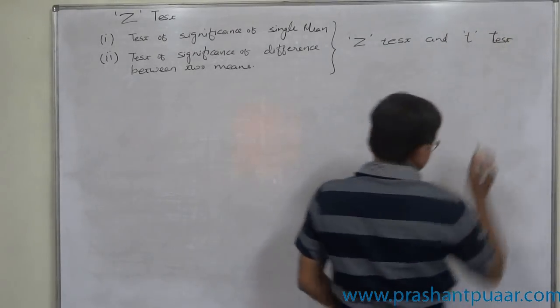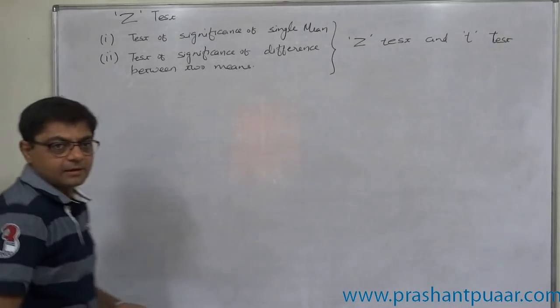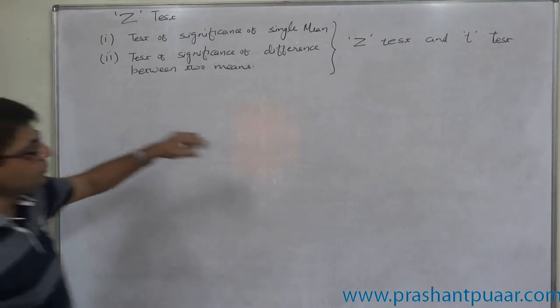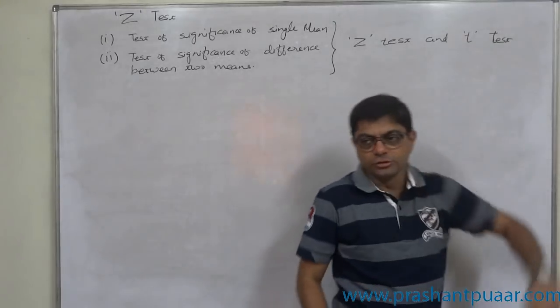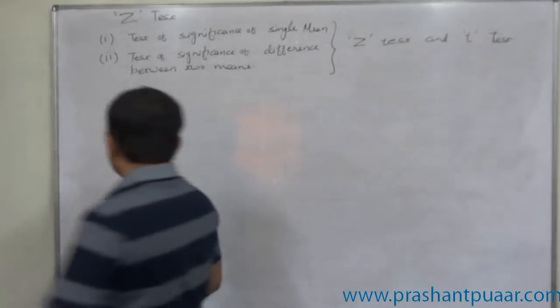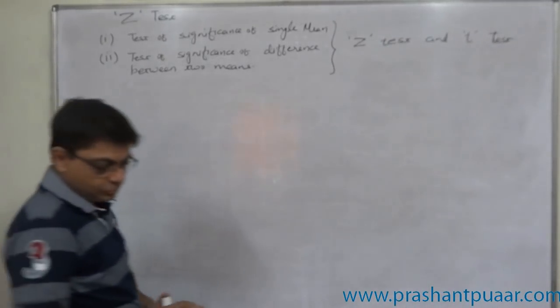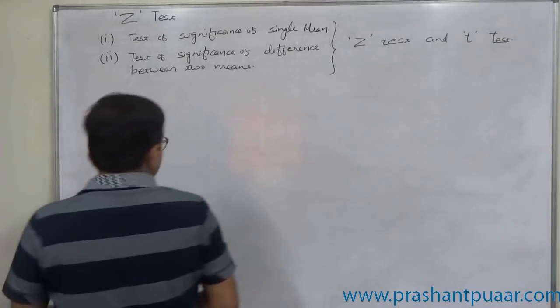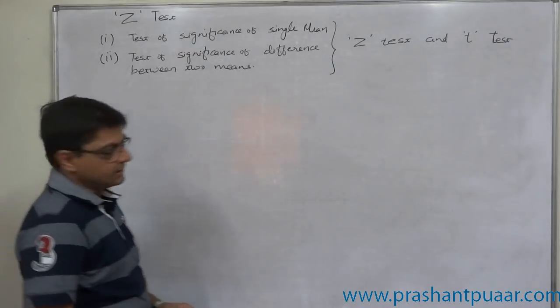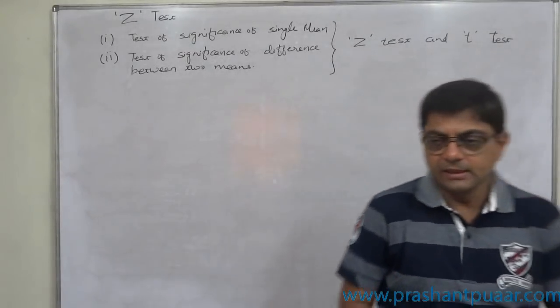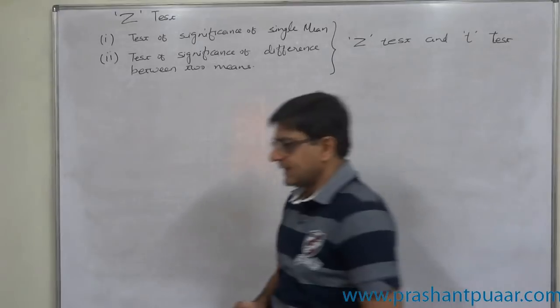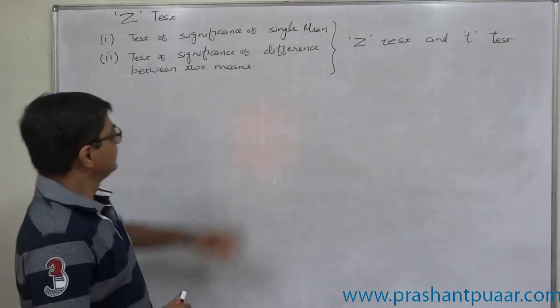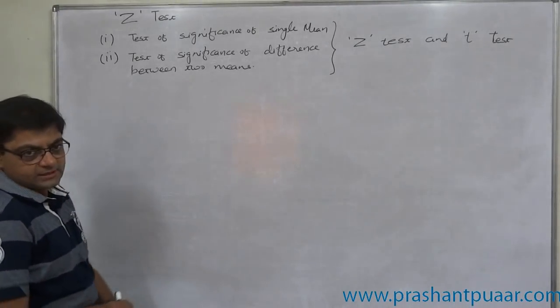Now, as a student, we have to face a problem that when to use Z-test and when to use T-test. Let us clear some doubts or some theoretical points. According to the senior statisticians and authors of the books, there are 2 approaches for using Z-test and T-test in case of these 2 tests.